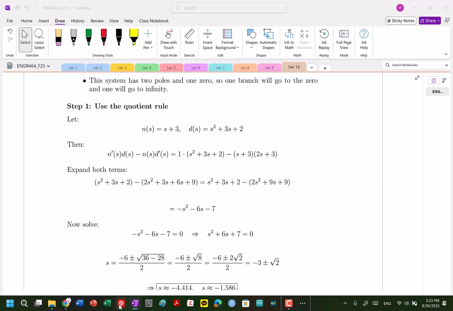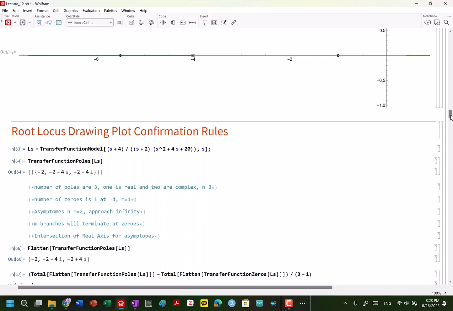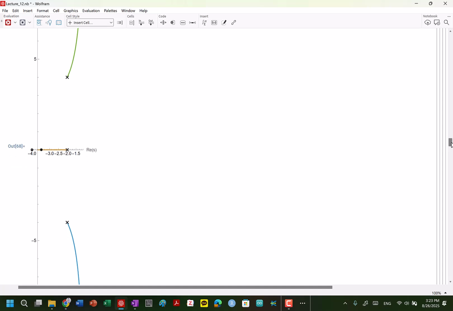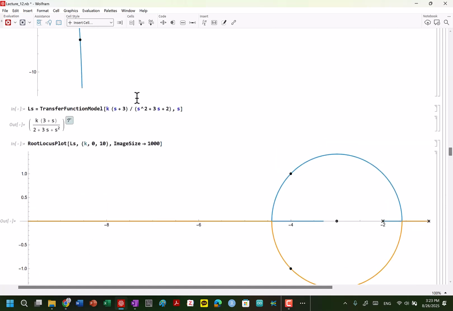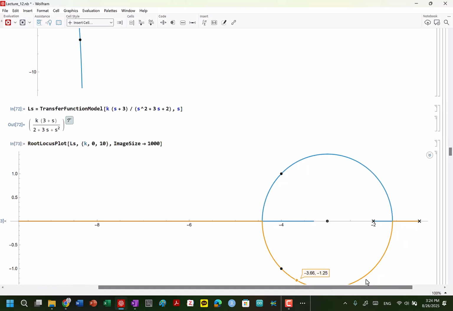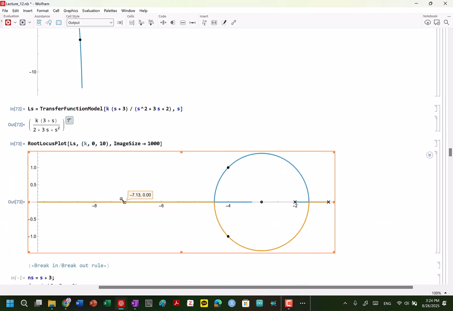So let's take a look at this system. We did that confirmation. Now let's look at this plot first. First off, rule 0. Are we symmetric? Indeed, we are. I want to verify each of those rules.